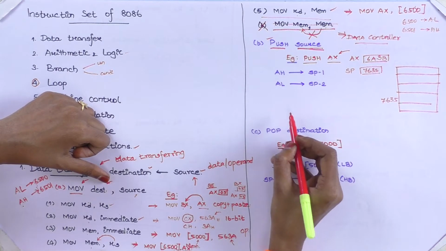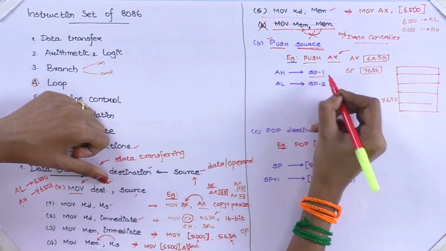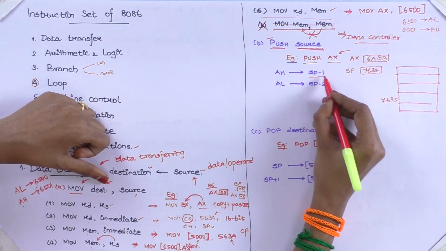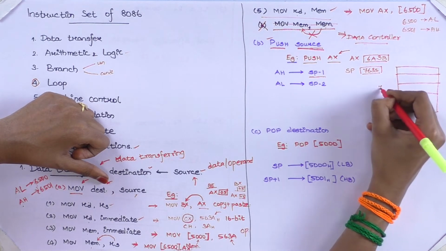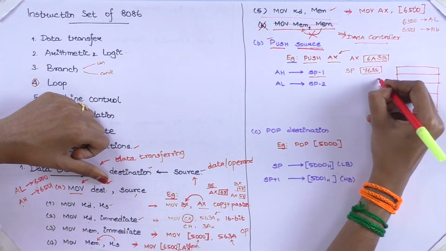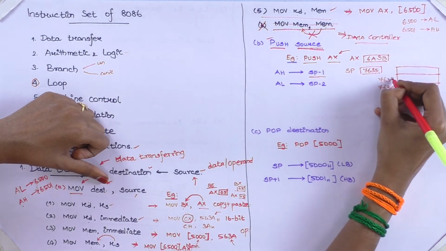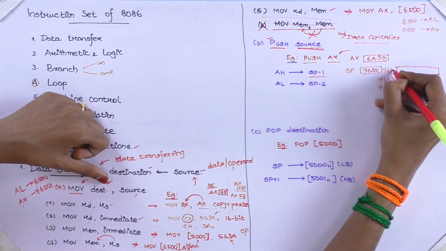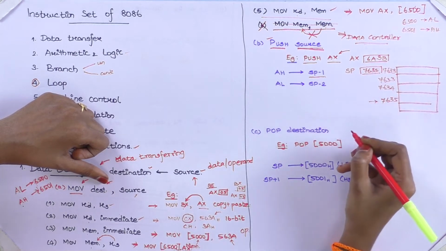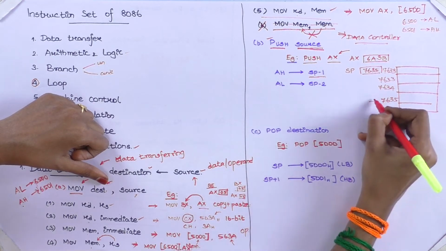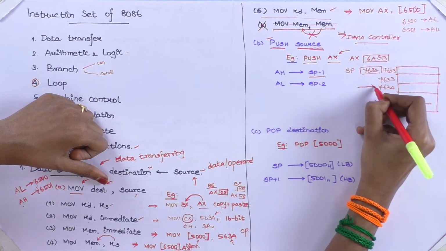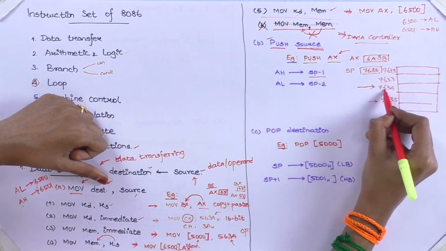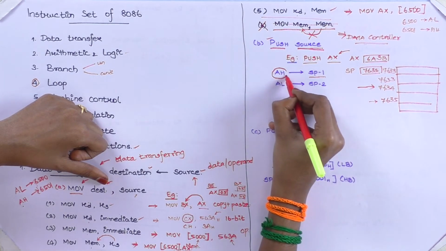So, the stack pointer will be subtracted by 1, which means it is decremented by 1. Initially the stack pointer will be here. If you perform push, it will be decremented by 1 and it will point here. At this location your AH value will be stored.